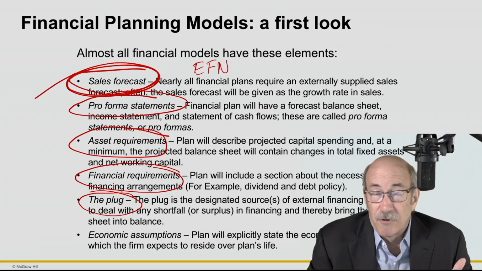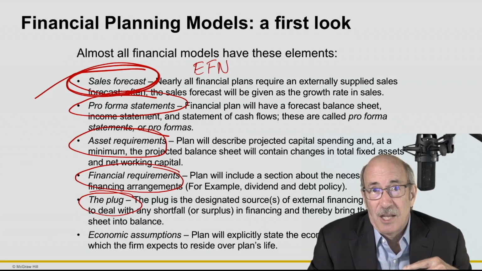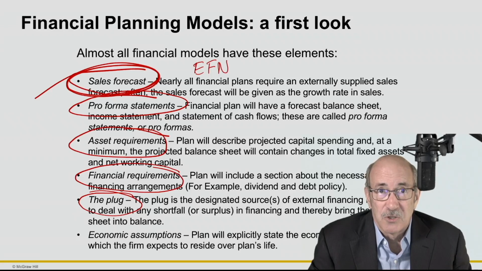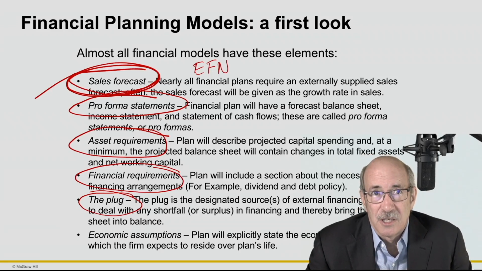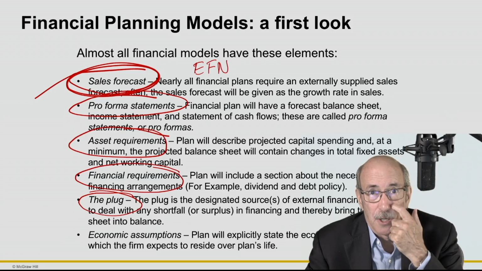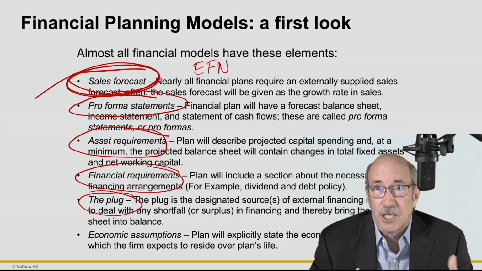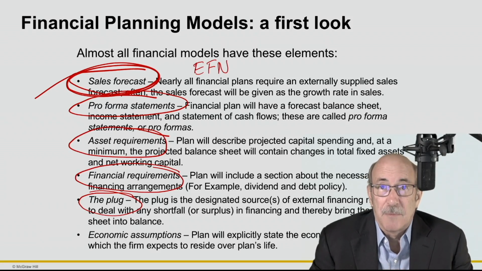Also, we don't forget, when we come down to net income, whatever doesn't get paid out as dividends or stock repurchase gets transferred over to the right-hand side of the balance sheet and increases the account value for the equity stake. So those things are going on. They're going to cause the balance sheet to go out of balance, and we need some way of plugging in a number to make it balance.